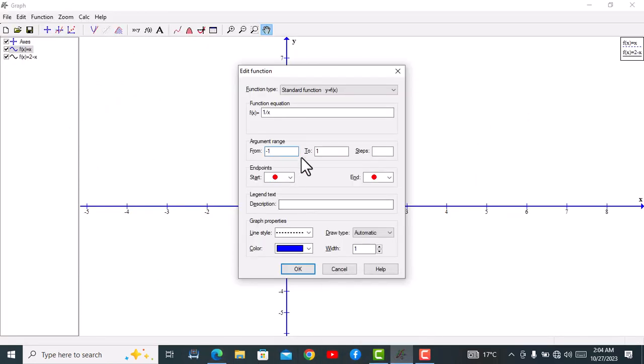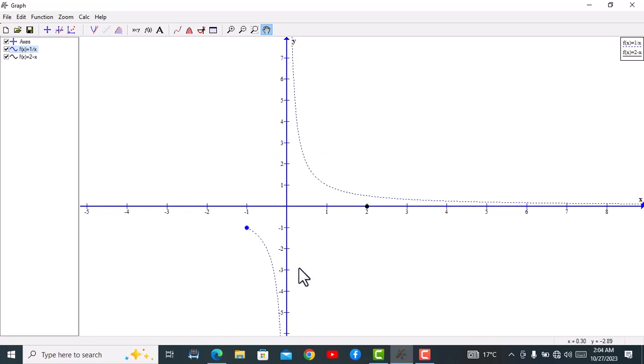Let's just draw that. Let me just draw it and see. Now we are having a problem because it also includes the positive side there.